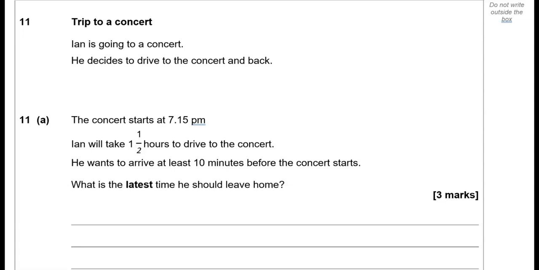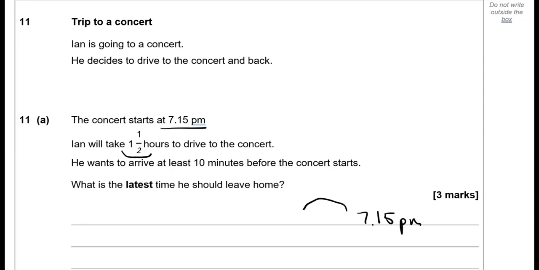So that's when the concert starts, and we're going to go backwards now. So 7:15 p.m. We need to take away the 1 hour and a half that it takes to drive there.